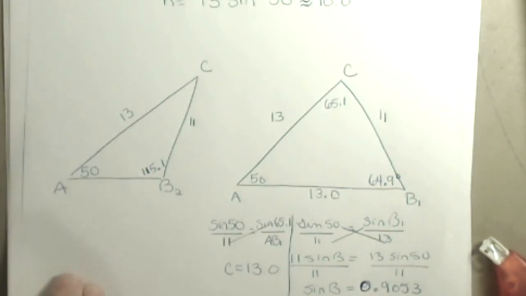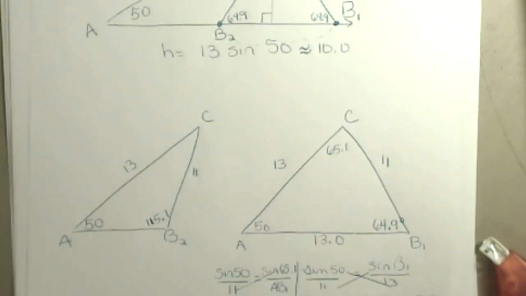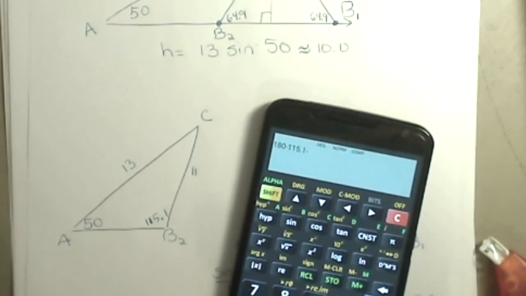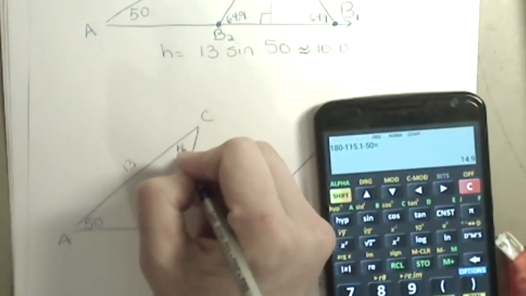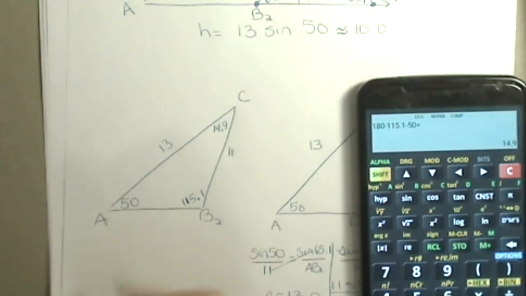So now I can just do some law of sines and finish out this triangle. Let's find this third angle up here by subtracting from 180. 180 minus 115.1 minus the 50 degrees at angle A leaves me with 14.9 degrees. I can set up a law of sines to solve for this side down here.